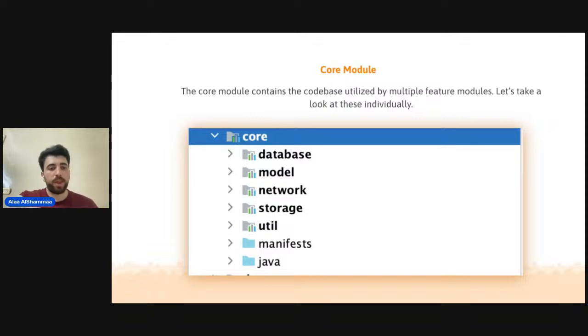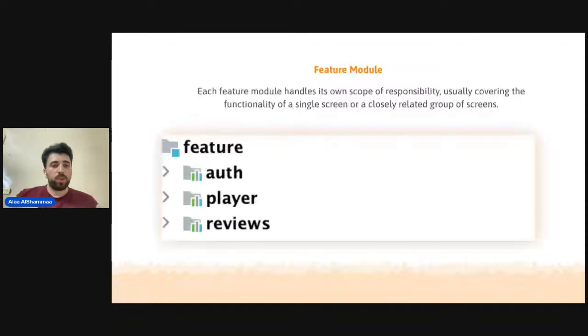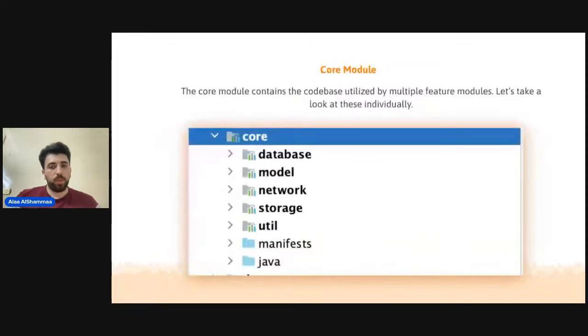Rather than rewriting code or having duplications, you can have modules with generic methods and generic code for database handling, for reading and parsing models, for requests, how to read and receive requests and handle errors, for storing data, and utilities. Let's say you want to have core utilities for date and time, for example. This core module will be utilized by multiple feature modules depending on each module's needs.